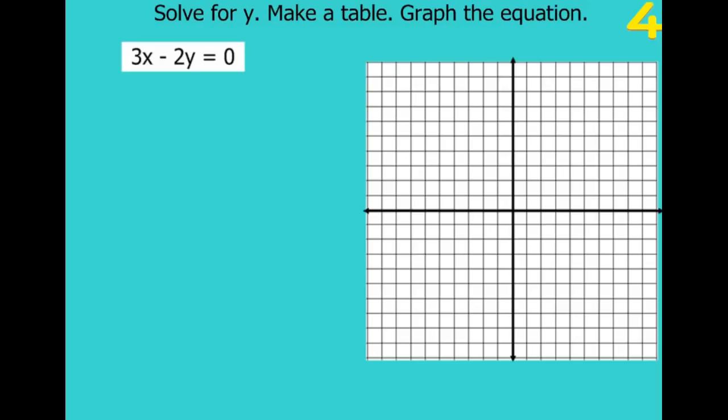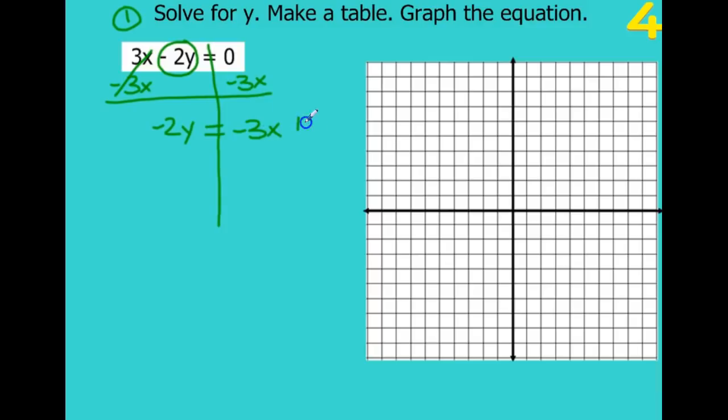Okay? Let's try another one just like that. Just like on the other one, solve for y first. So leave the y here. I want to move the x's to the other side, so I'm going to subtract 3x. So those are gone. We have negative 2y equals negative 3x. If you want, you can write plus 0, but I don't need to. It's just 0.